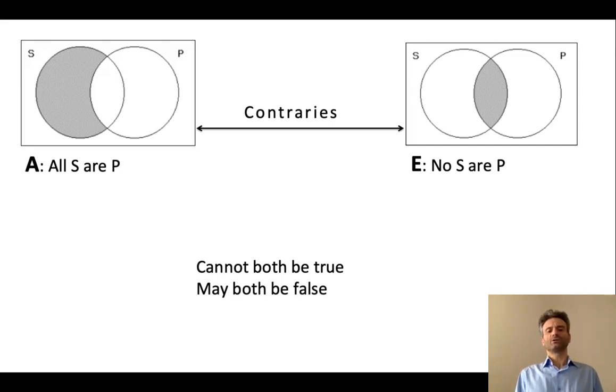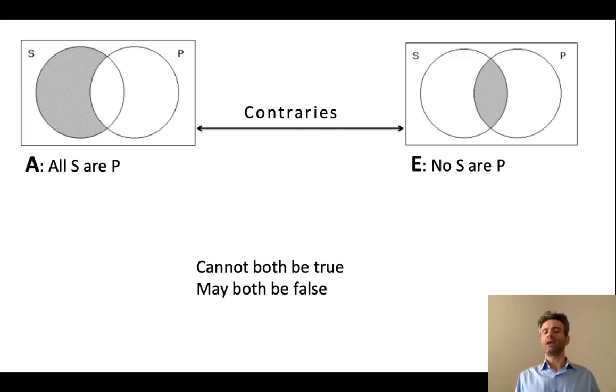But what happens if they are both false? Is it possible? Well, there is a possibility. I'm sure you know that in addition to yellow bananas, there are also green bananas and red bananas. So there are different kinds of bananas.